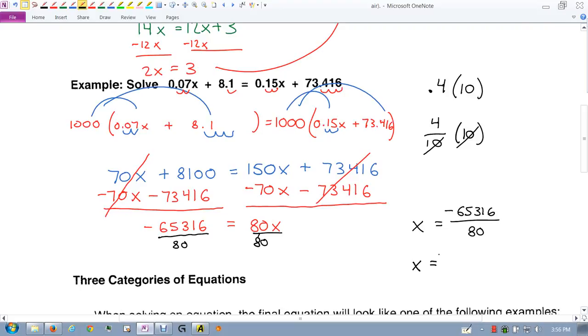What goes in there? They both go by 4? So what do you get on top when you divide by 4? And on the bottom we did, what, 20? 4. Yes. What else goes in there?